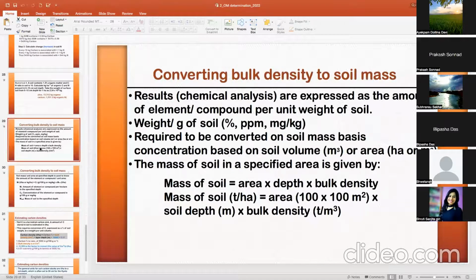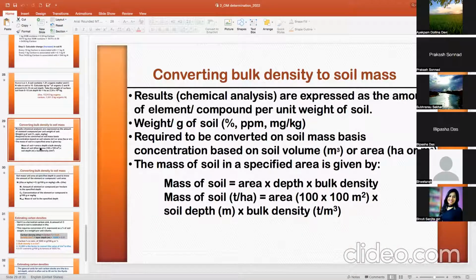Now, converting bulk density to soil mass. So actually, most of the time when you do analysis and you get the result, they are in percentage, milligram per kg, or gram per kg, and they are required to be converted on area basis, on hectare basis or on meter square basis.